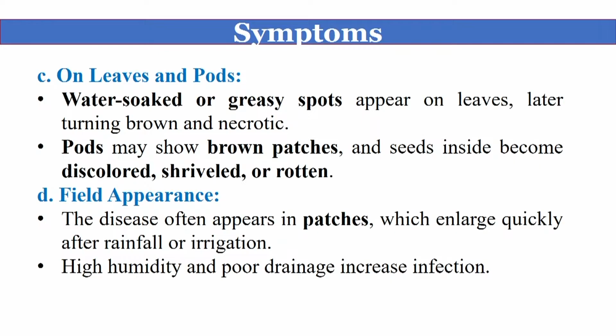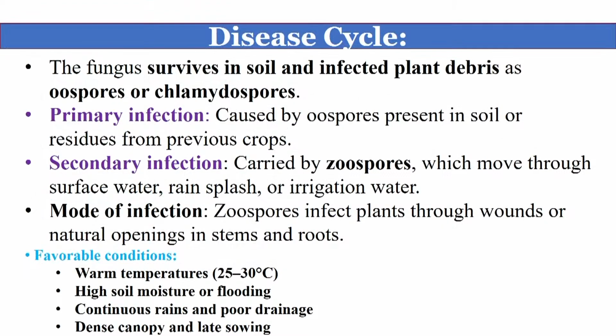The field appearance looks like patch-wise affected crop quickly after rainfall or first irrigation, and the fungus survives in the soil, infected plant debris as well as oospores or chlamydospores.